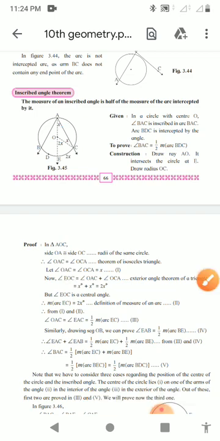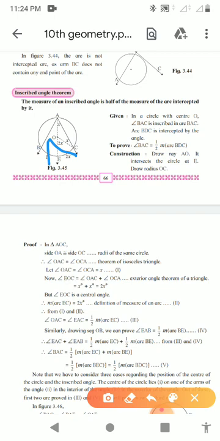I am discussing this angle EOC, the one below. This angle EOC is nothing but angle OAC plus angle OCA, because this is the exterior angle.